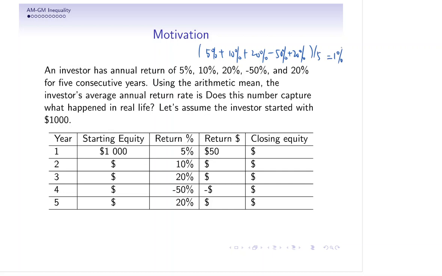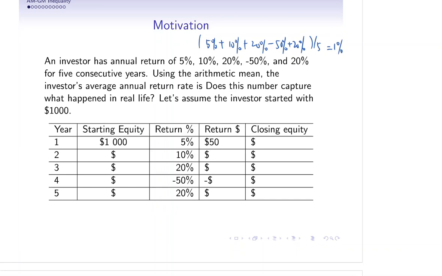Well, let's take a look at what's happening closely. We're going to assume the investor started with $1,000. So in year 1, the starting equity is $1,000, and the return rate is 5%. We can easily find out the amount of return in the first year is 1,000 times 5%, which turned out to be $50.